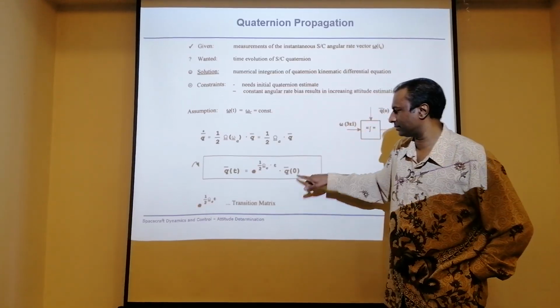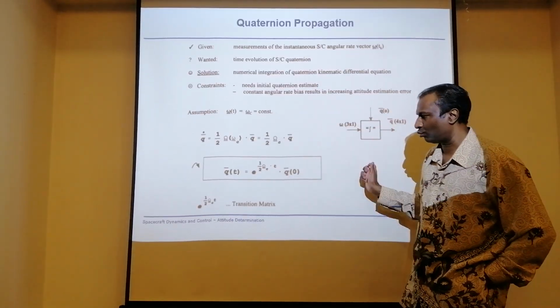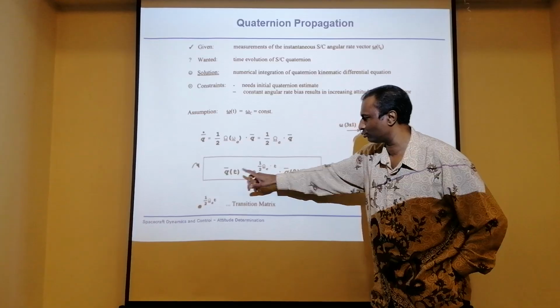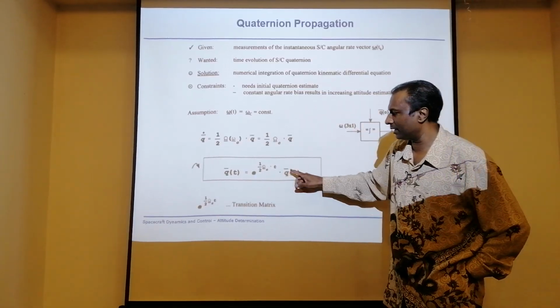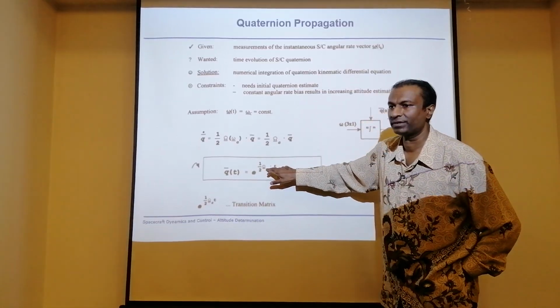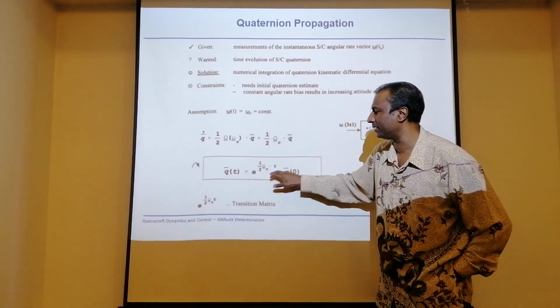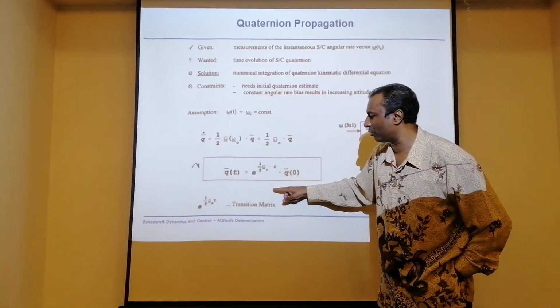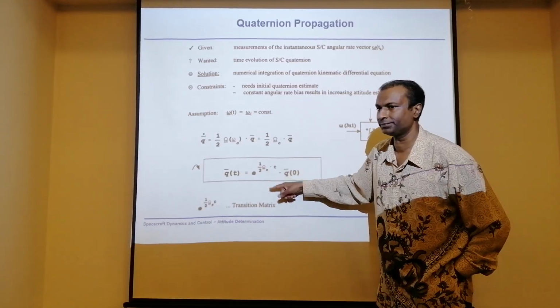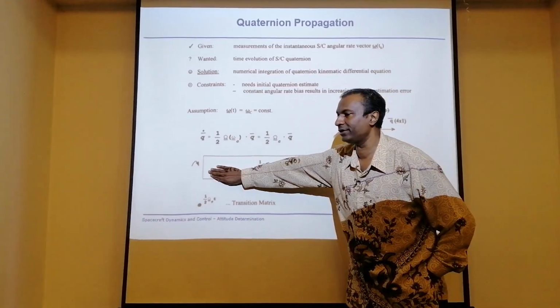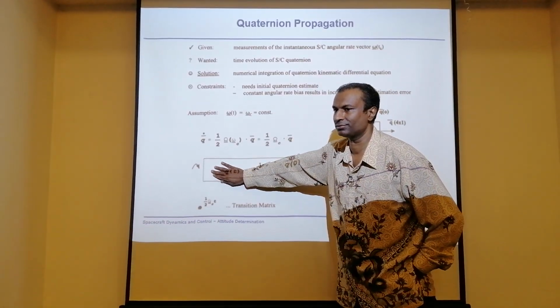When time equals 1, this is going to be 1, and then the evolution of the actual attitude is going to happen here. So you keep on updating this, then the value is going to actually change.